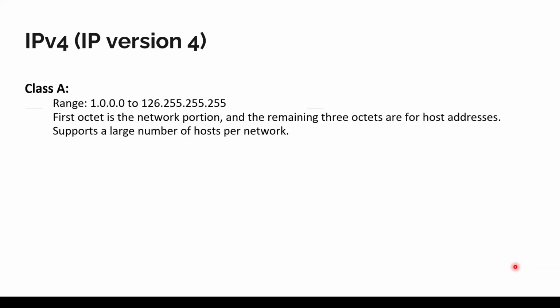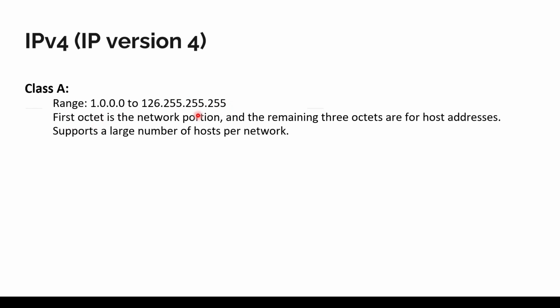Now, there are different classes in IP version 4. We have class A that ranges from 1 to 126. So the IP addresses in this particular class can begin from 1.0.0.0 to 126.255.255.255. So in this particular class, the first octet is the network portion.